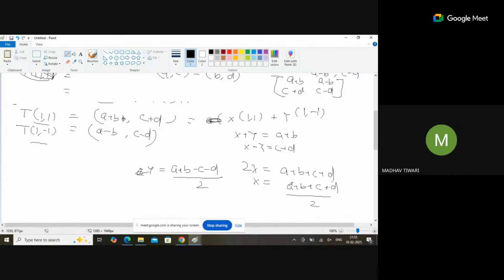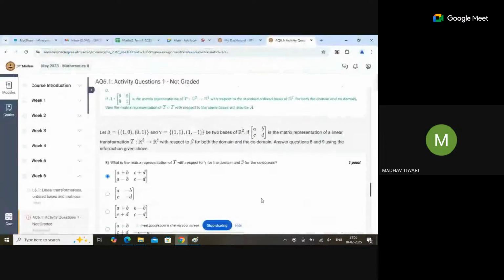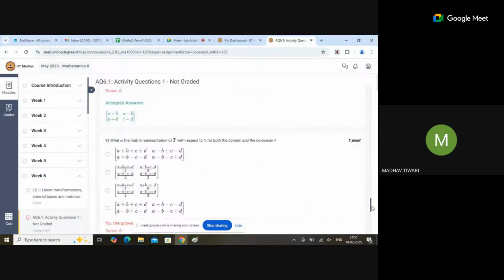So it is going to be the matrix representation. First column will be (A plus B plus C plus D) by 2, and the element below it will be (A plus B minus C minus D) by 2. Its second column is still remaining, but let's check whether it is in the options. Otherwise we don't have to do much effort if it is already available.